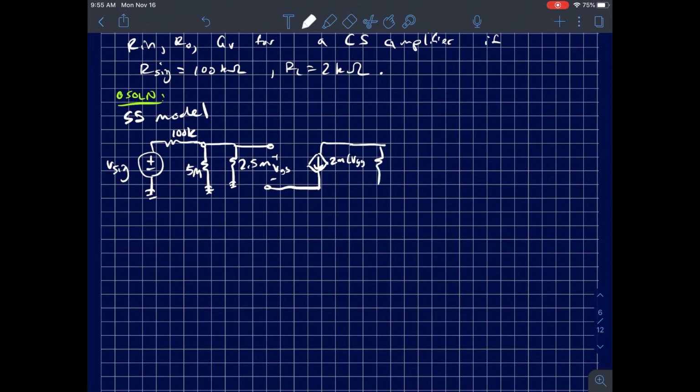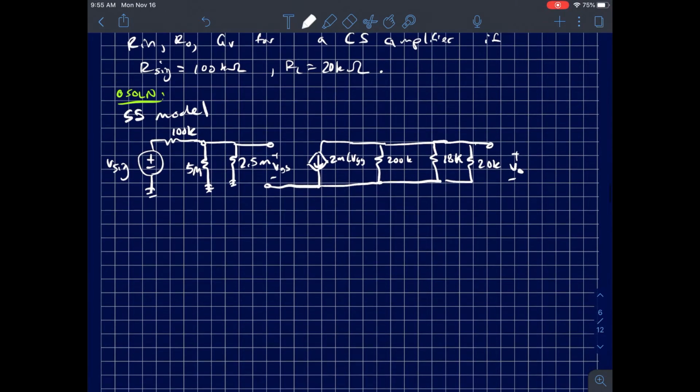Across there I have my ro, which I found to be 200 kiloohms. I also found my drain resistor to be 18K, and then I'm going to attach a load to that. Let me correct my example, it's supposed to be 20K at the load, so the load is 20K, and there's where I find Vo.